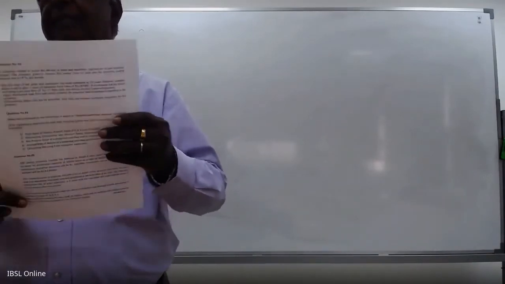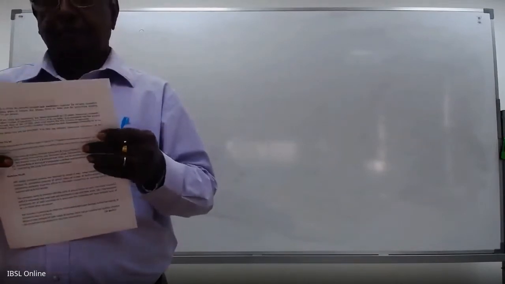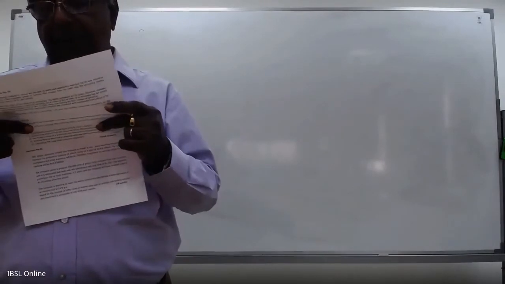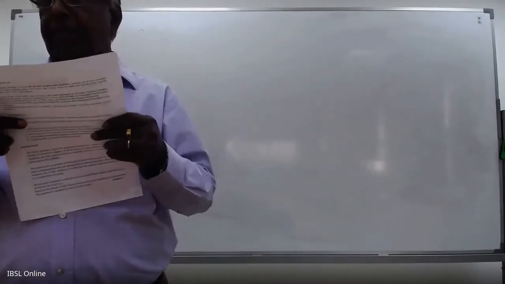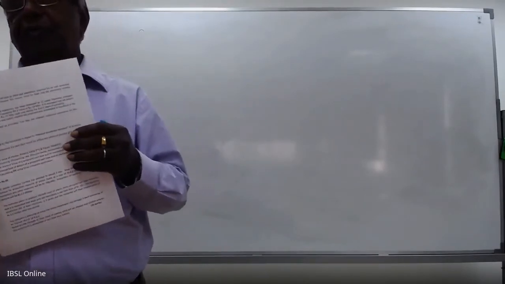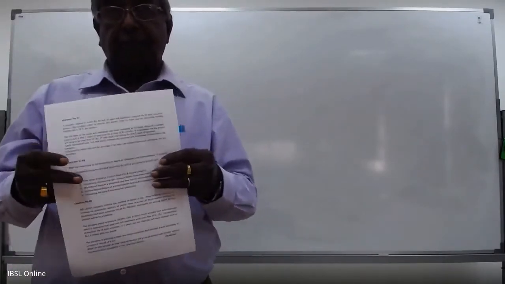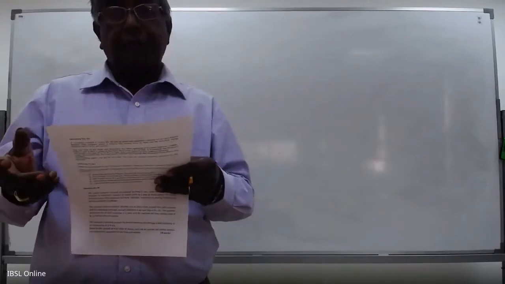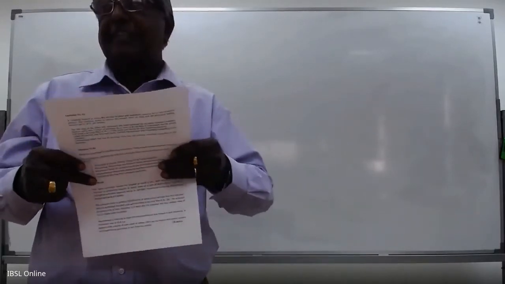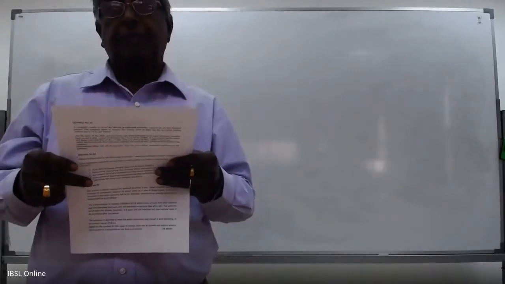Question 1 is a theory question. In that one, what do you understand by the following terms? Time value of money, discounting, and wherever possible, please give examples. And the net present value, NPV.